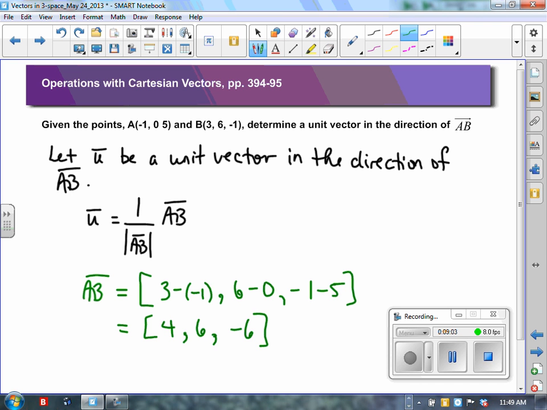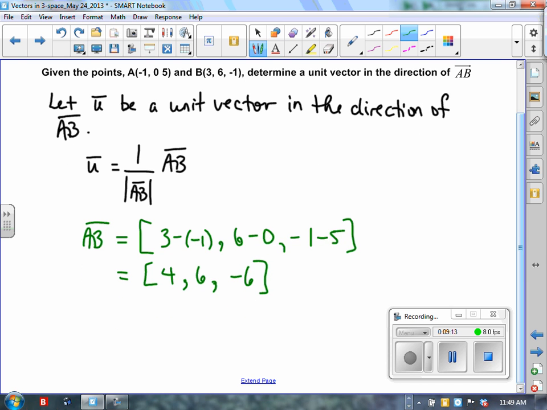So let's just double check that we've made some correct moves here. And yes, those values are correct. So that means that we can move forward in defining our unit vector. The only thing that we do need is the magnitude.